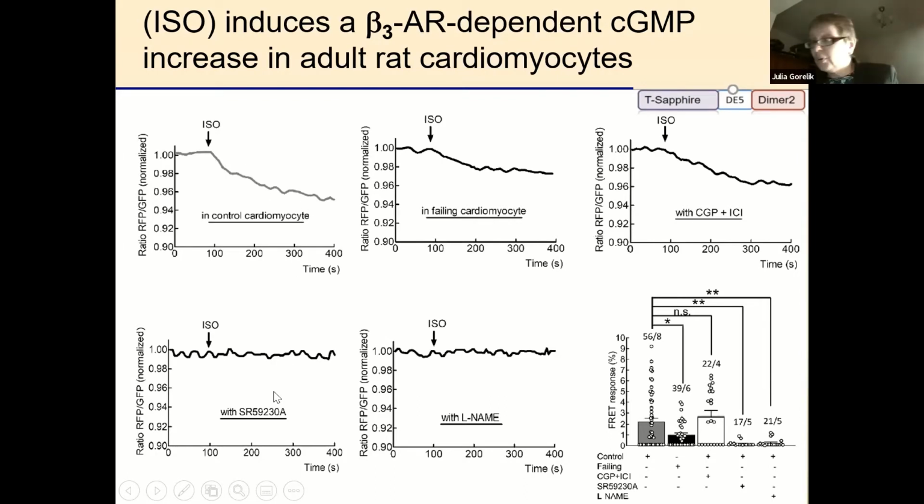And very important, when we add an antagonist to the beta-3 receptor, we don't have any cyclic GMP release. Also, when we block NOS with L-NAME, a NOS blocker, we also don't have any cyclic GMP release.